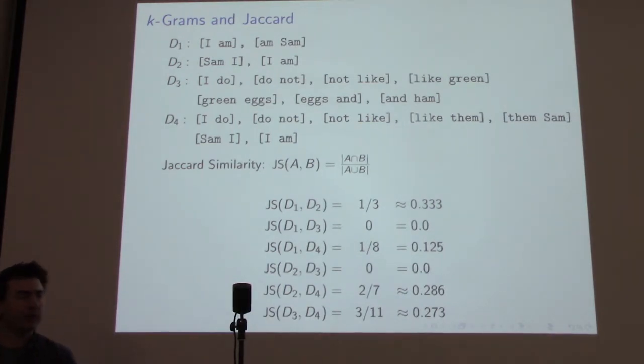Okay, and so the first search engines on the web used essentially a version of this for keyword search. We'll talk about this in much more detail. We'll have a full lecture on search engines later in the semester.